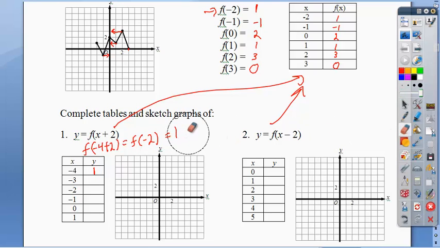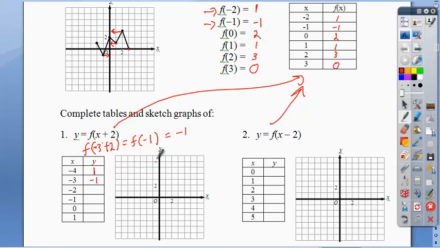Then I come back and do it again. Instead of -4, I'm going to use the next number, which is -3. And -3 plus 2 gives me a value of -1, and f of -1 was -1 for my y value.